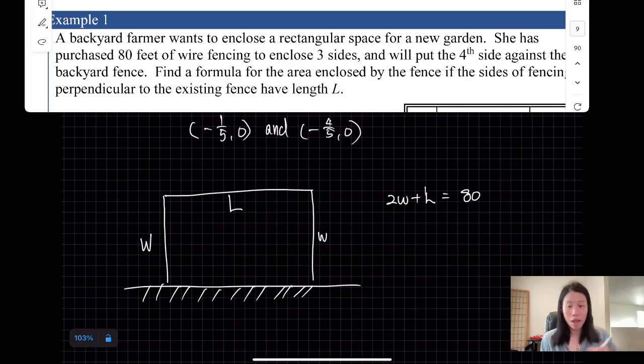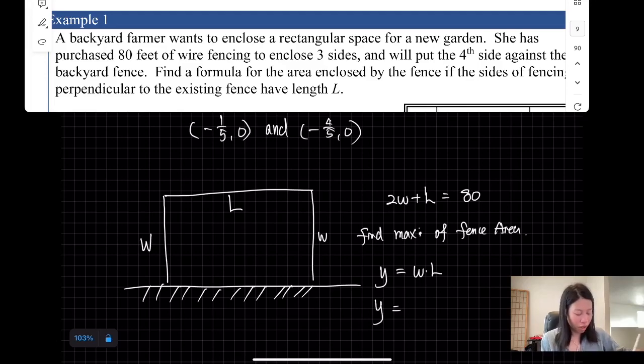And then what if I ask you, based on this scenario, to find the maximum of the fence area. So to find the maximum, I have y equals what? The area of a rectangle is equal to the width times the length.